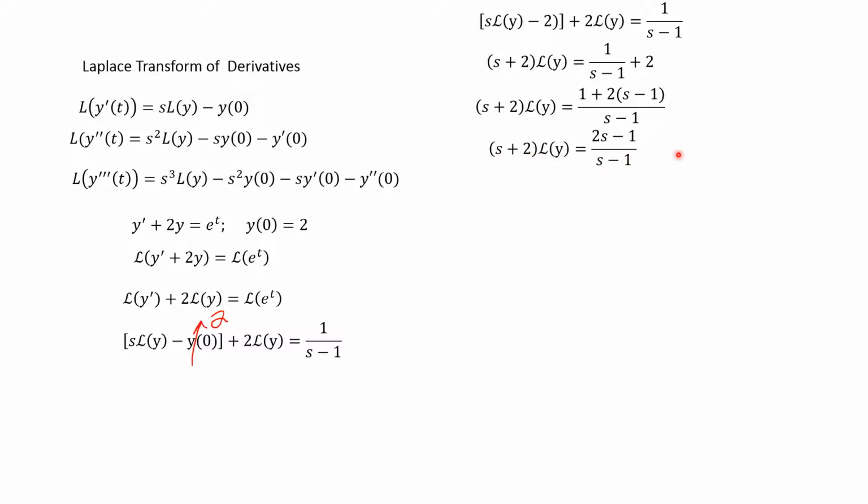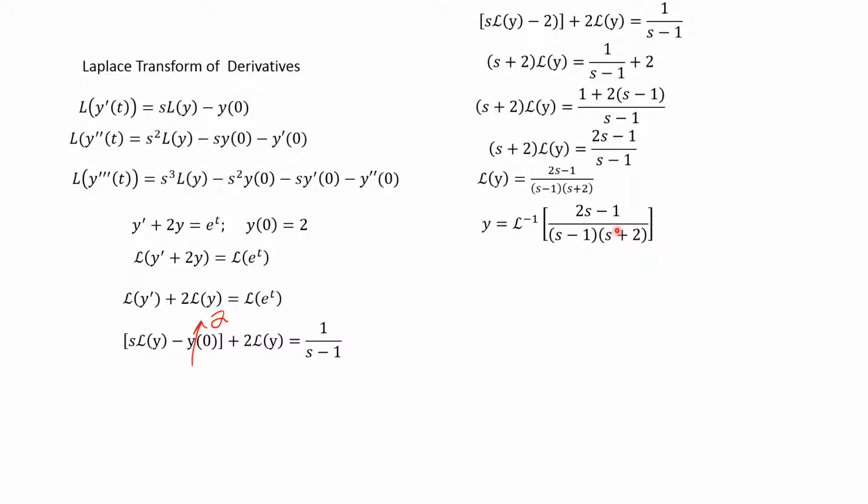Divide both sides by s plus 2, that gives you L of y is 2s minus 1 over s minus 1 times s plus 2. Now you will have to invert to get the value of y. That's the inverse of 2s minus 1 over s minus 1 times s plus 2.